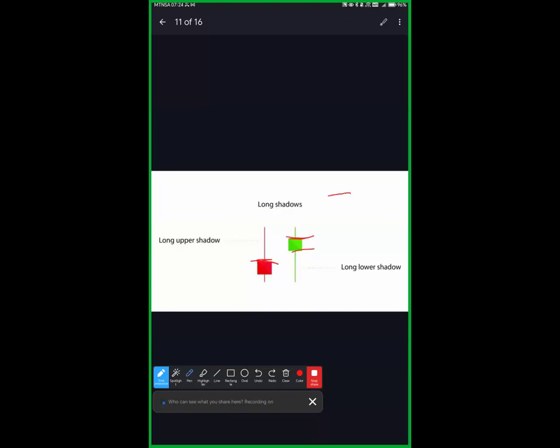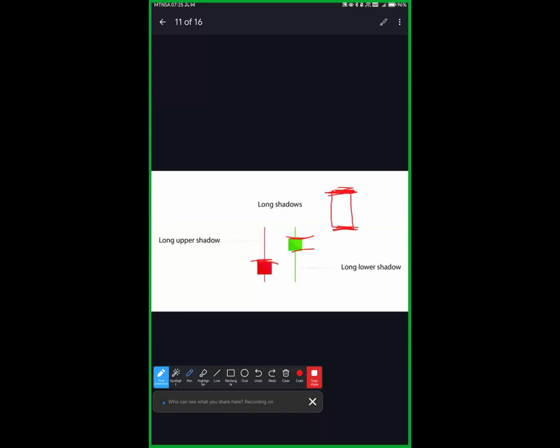Those full-bodied candles do not show you how high the price went or how low the price went. So the closing of that candle becomes the high if it is a green candle. If it is a red candle, the opening of that candle becomes the high.